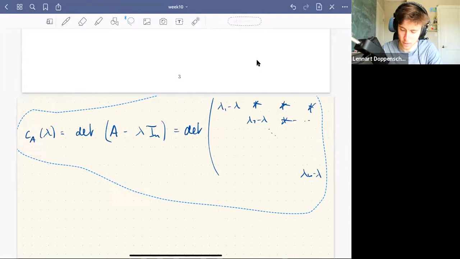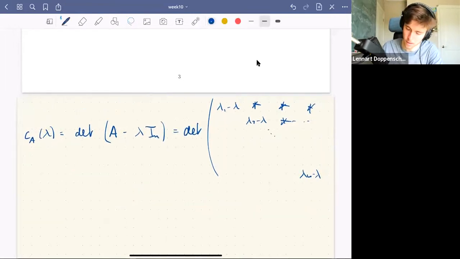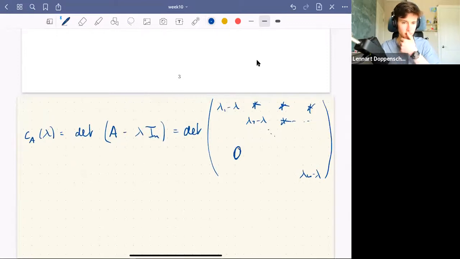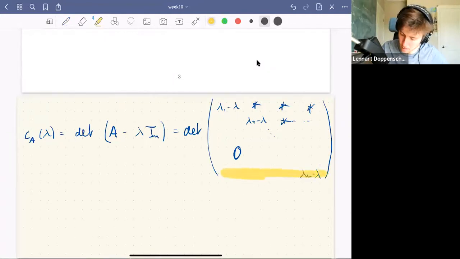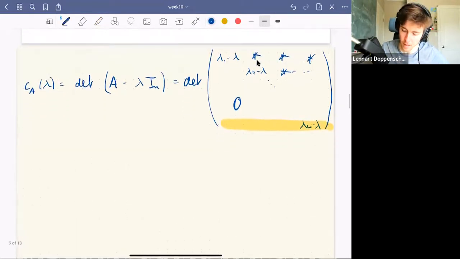Jensi, how did you compute this determinant? Expand, yes, so we can expand along the last row. The only non-zero entry here is the last one.